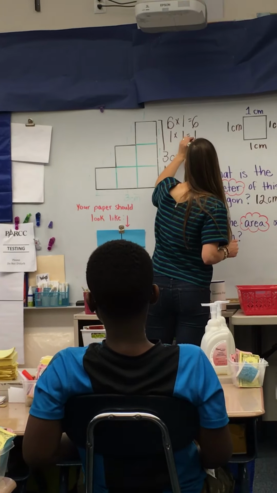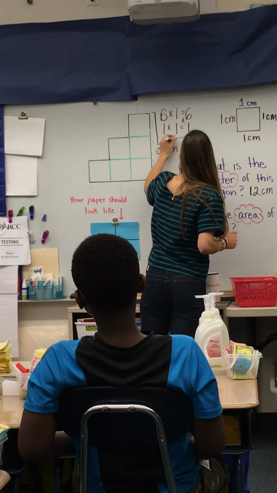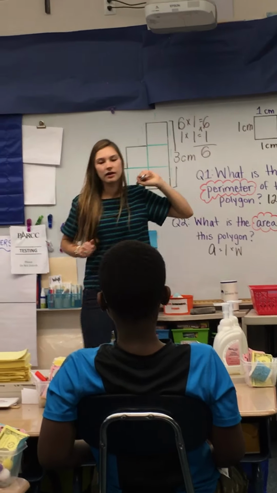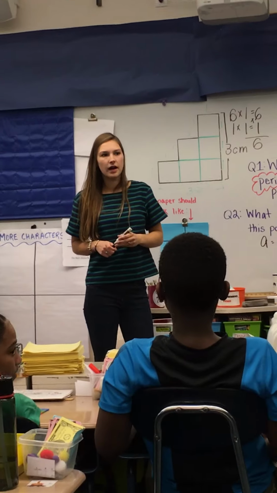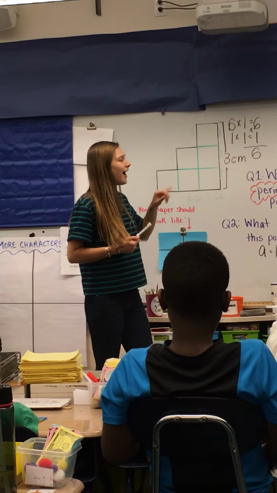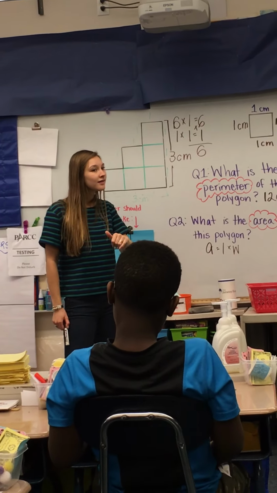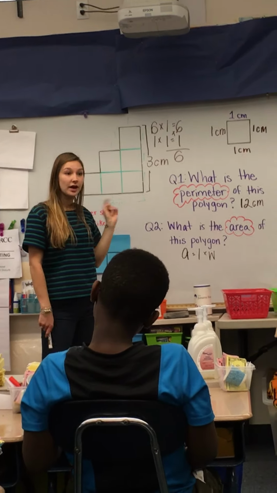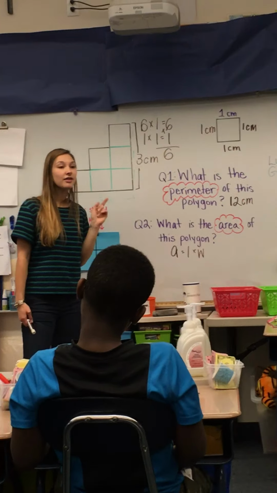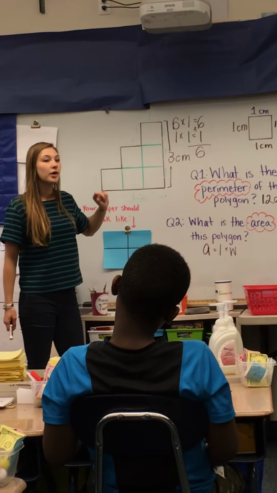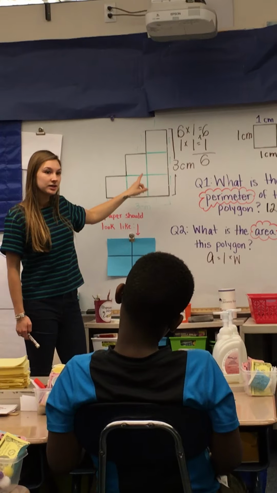And then you did 6 times 1 again equals 6. Who did that? You did that. Okay. I thought that was really good. That is definitely a different way of thinking about it. And you know what? I think that is a great way of thinking about it. But can you explain it to us?